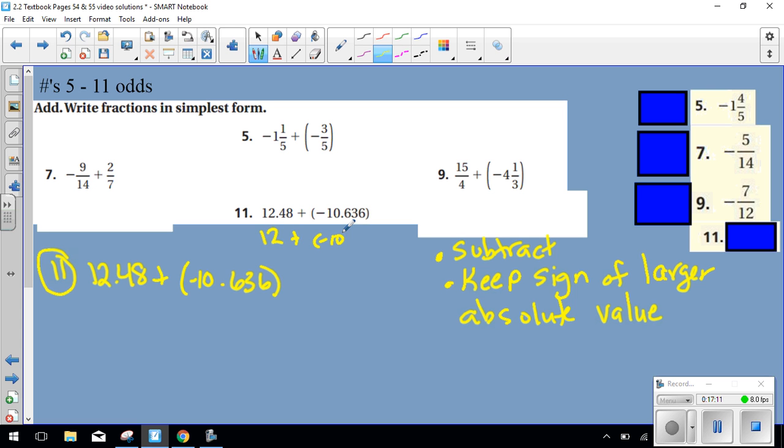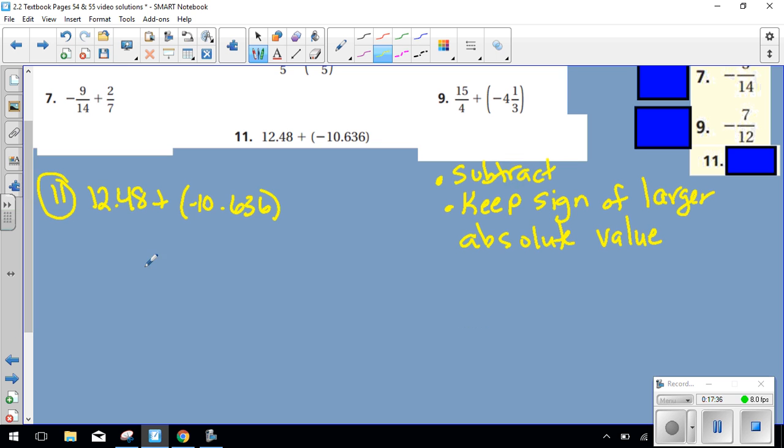So if you were to subtract these, who is the bigger absolute value, the 12 or the negative 10? So when we subtract these decimals, we want to make sure that the bigger absolute value is on top, which is the 12 and 48 hundredths, because 12 has a greater absolute value than the 10.